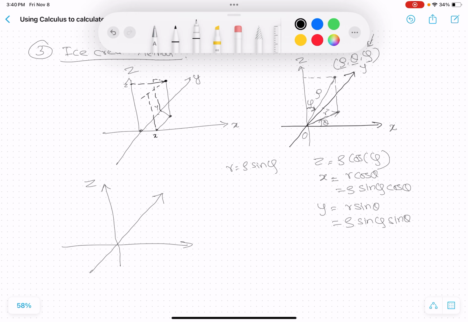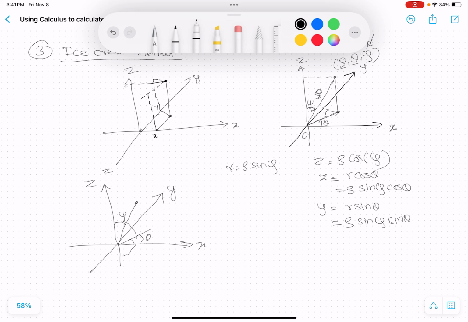Now notice that for a given rho, for a given length from the origin, let's say this length, the angle phi goes from 0 to pi, and the angle with the x-axis, theta, goes from 0 to 2 pi.